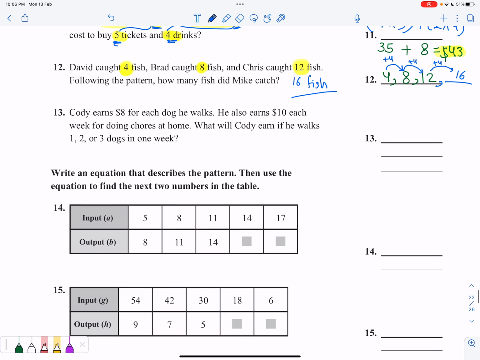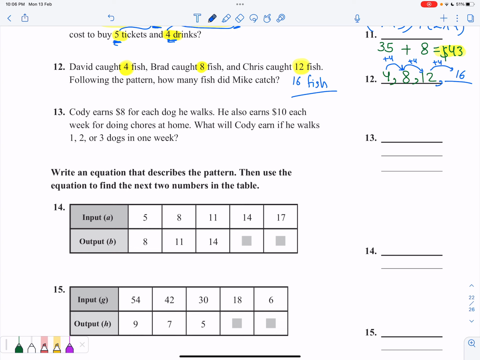Okay? Question 13. Cody earned $8 for each dog he walks. He also earned $10 each week for doing chores at home. Okay? So for each dog he walks, he gets $8. And he also earns another 10 each week for doing chores at home.